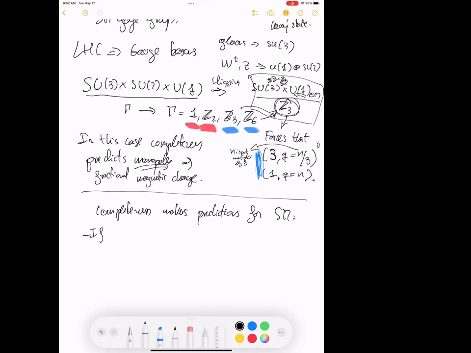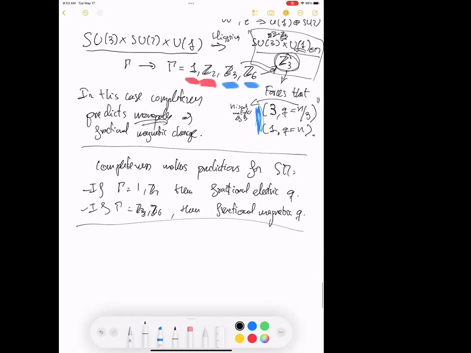It's a bit more complicated than that. In two cases, we get fractional electric charges. In the other two cases, where this is Z3, we get fractional magnetic charges. Okay, so this is the prediction of the completeness principle for the standard model.